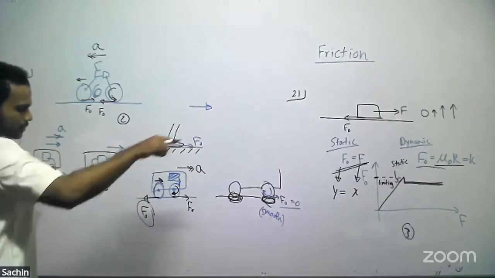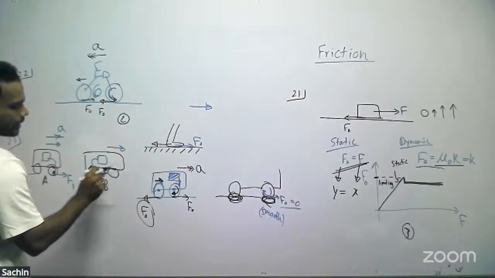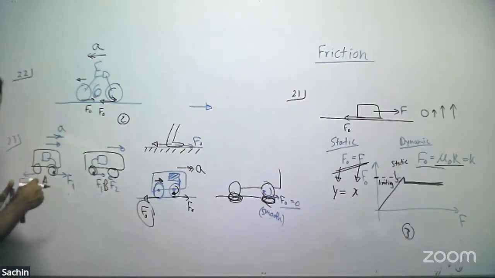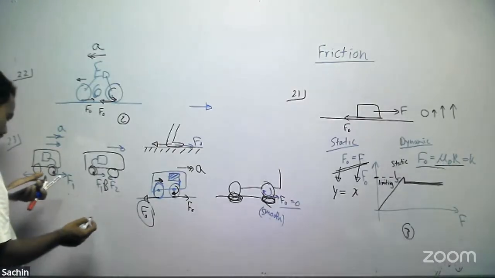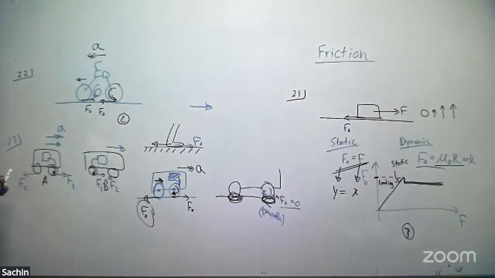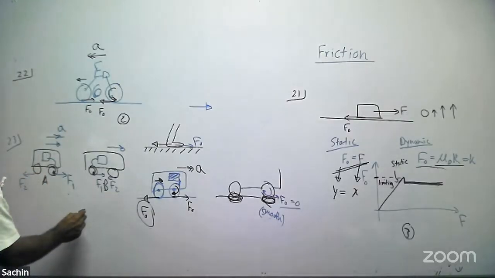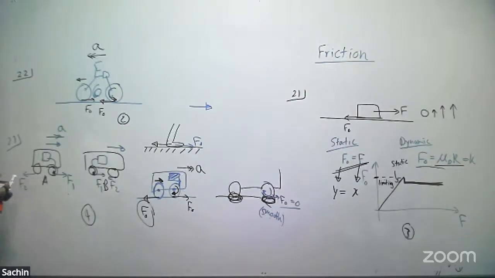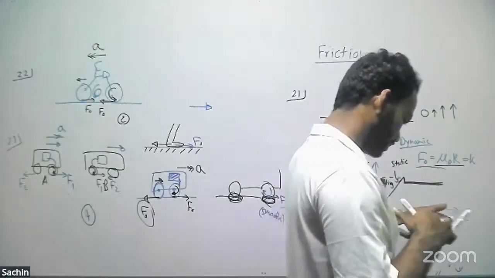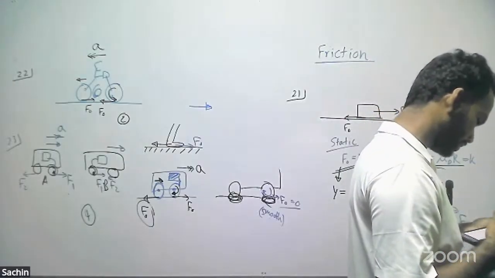When the vehicle starts to move forward, the front wheel will try to move forward, then the friction will oppose it. So the friction on the forward wheel should be in the other direction. That means this is correctly given only in the fourth option. So that's about the 23rd question.